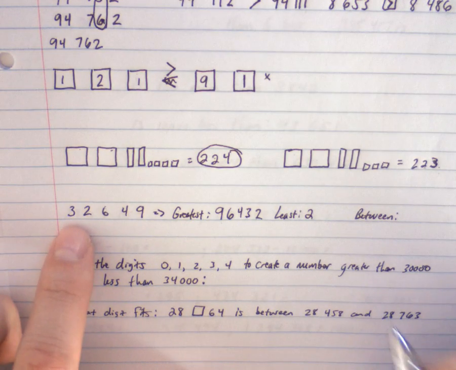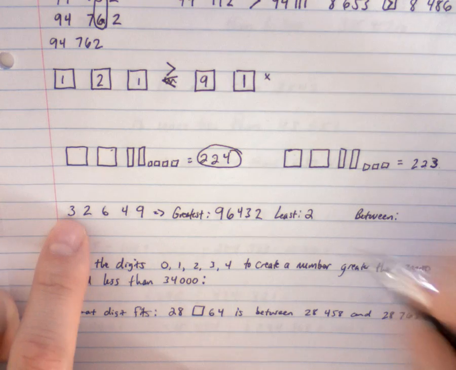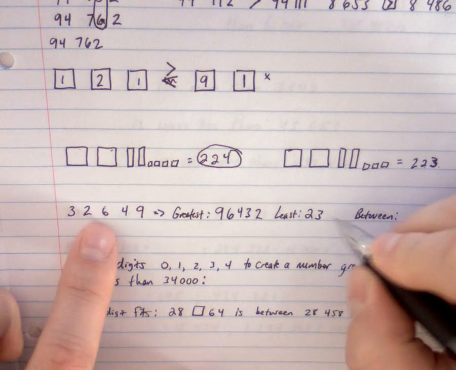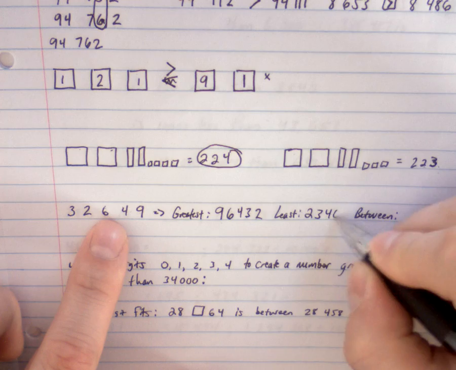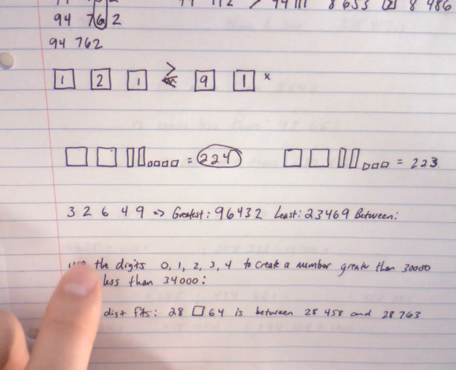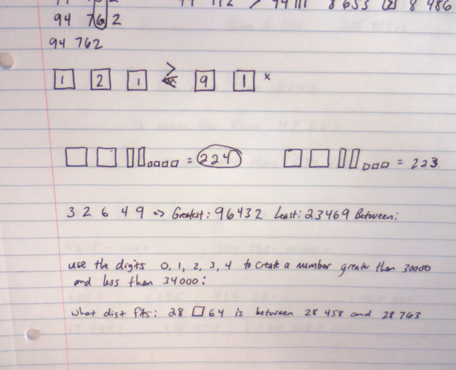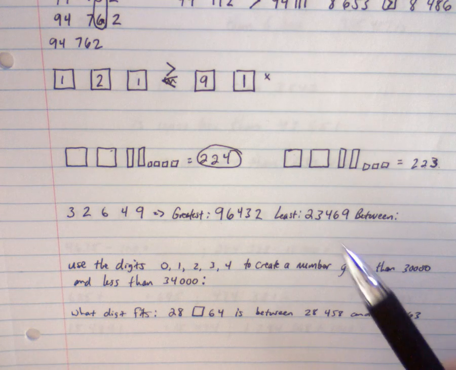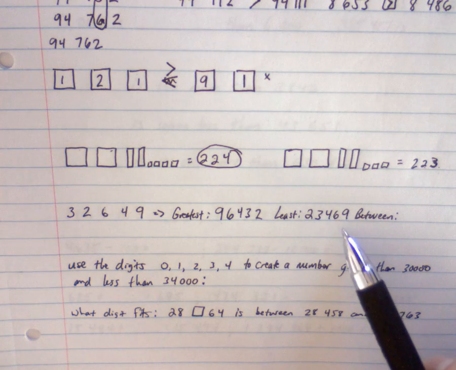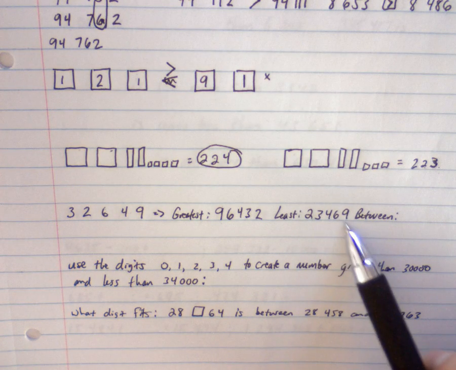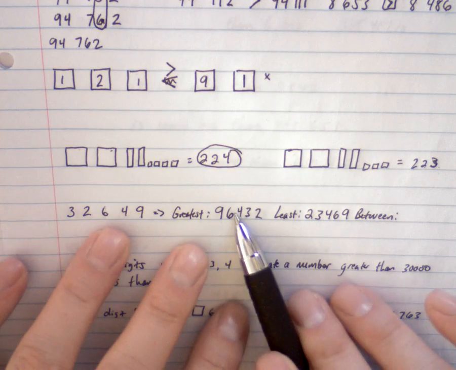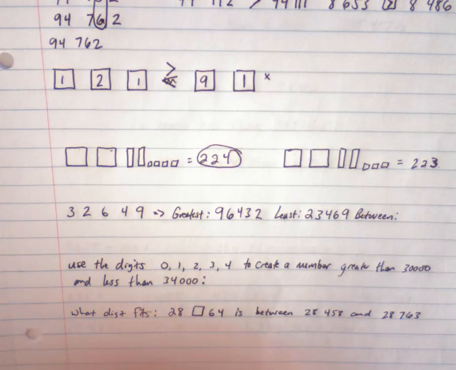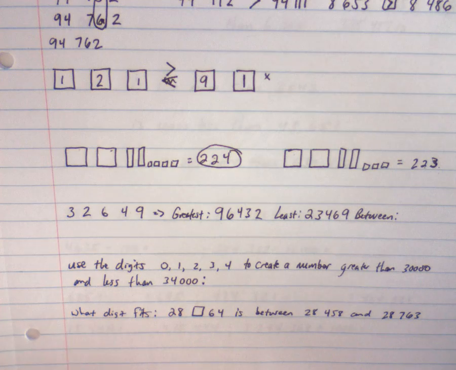What's the next biggest after 2? It's 3, 4, 6, 9. That is the least number that we can make with these digits, which is basically just the inverse of this number. It's taking it and just flipping it around, making it backwards.